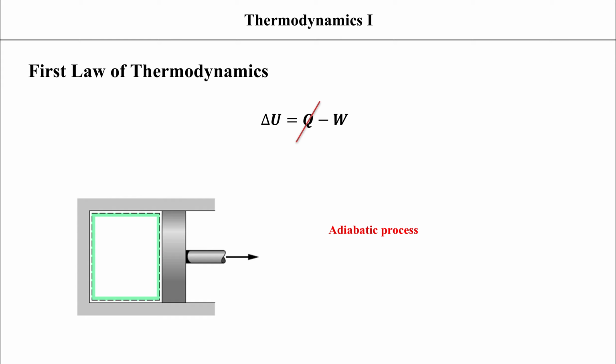Okay. So there's no heat transfer that is taking place. And because there is no heat transfer, the only way the process could occur is that the internal energy changes and it is converted exclusively into work. Okay, this is called an adiabatic process.